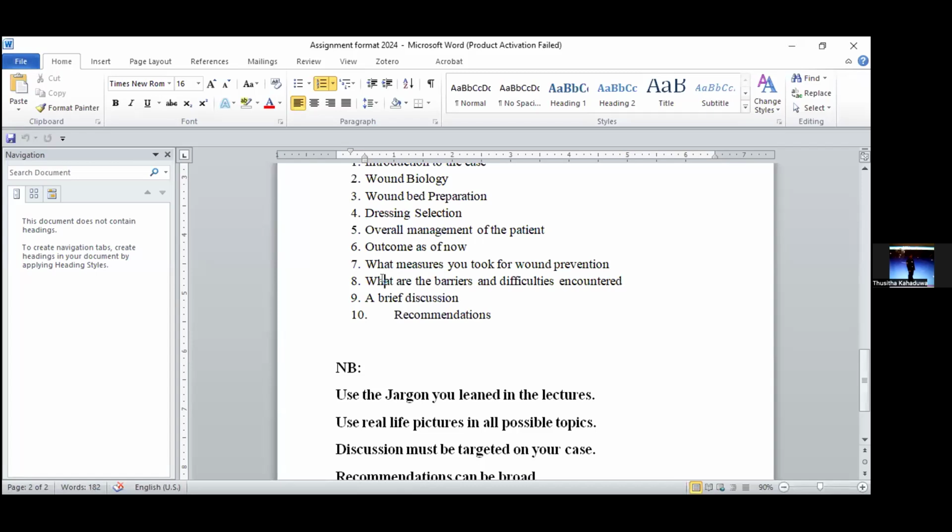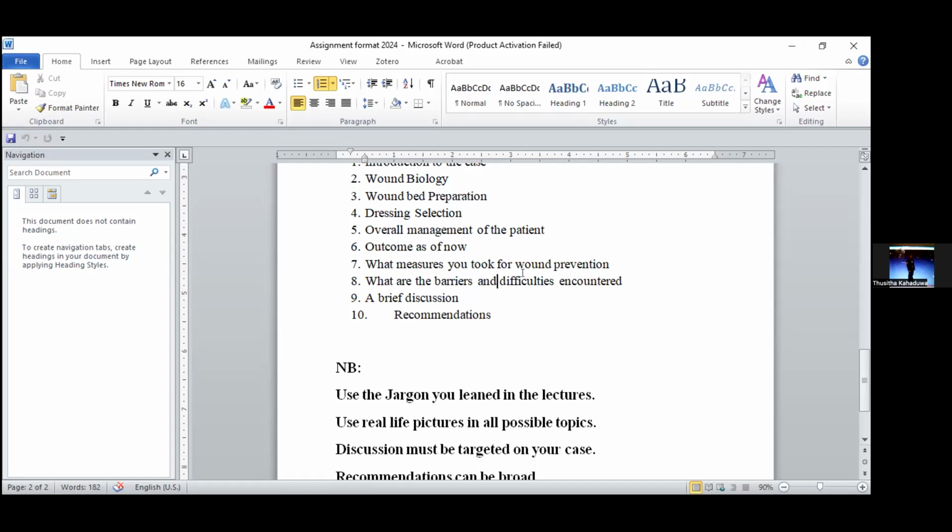So it can be the patient's inability to come routinely, maybe the patient cannot afford the proper dressing, or can be something, say, the patient faced some natural disaster, like there was so much rain the last few months.